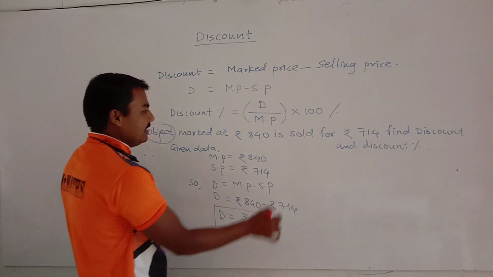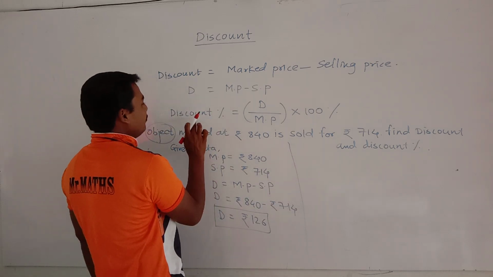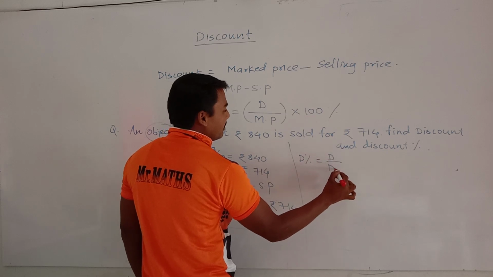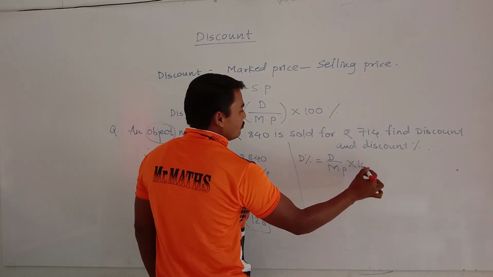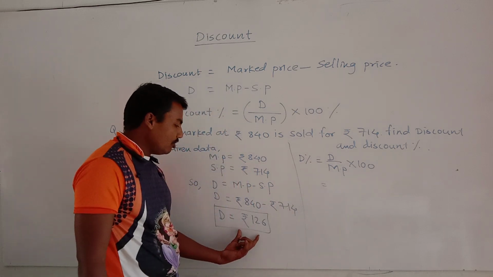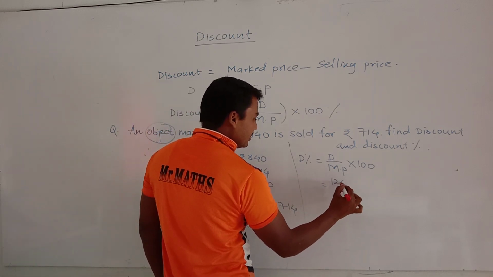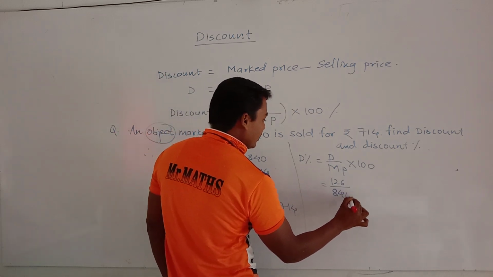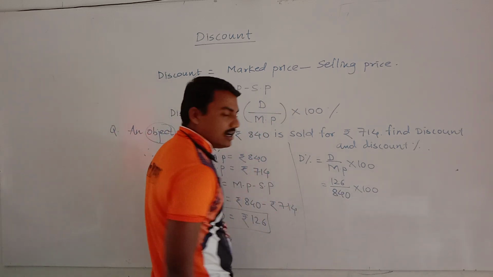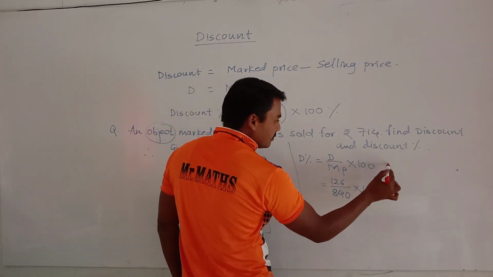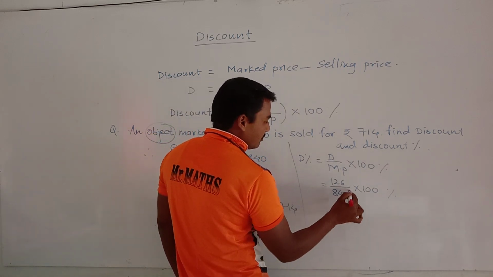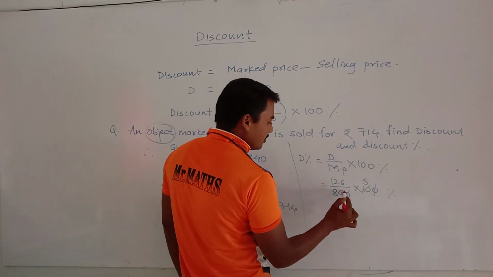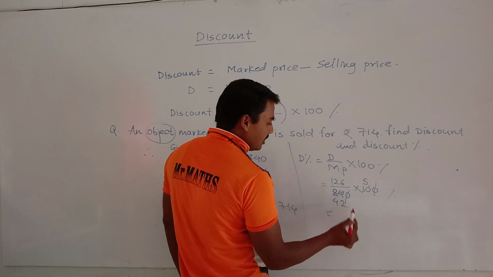Okay. Now discount percent formula. Discount percent is equal to discount upon marked price into 100. So discount I got rupees 126 upon marked price 840 into 100, it is percent. So 10 get cancelled. 2 5s are 10, 2 4s are 8, 2 2s are 4.